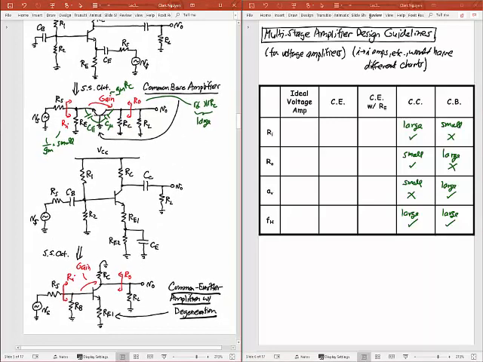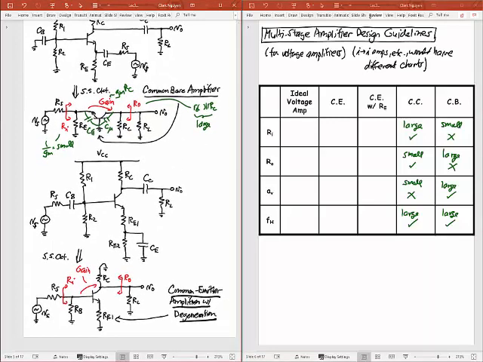So the next circuit we have here is the common emitter with degeneration. And so we again have this situation where we have an emitter degeneration there. And so again, this input resistance is going to go as 1 over gm plus the RE1 times beta plus 1. That's going to be large.